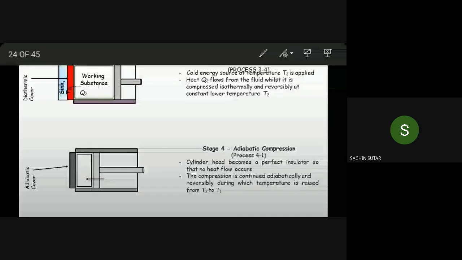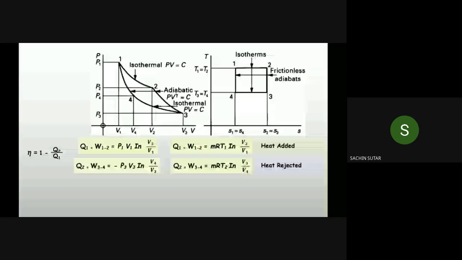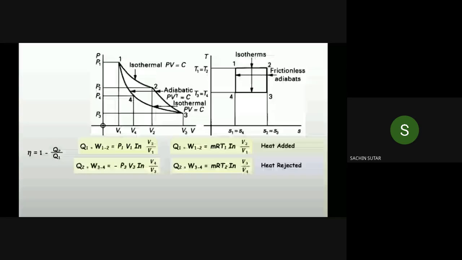Okay, now we'll go for the PV diagram and TS diagram of this cycle, the Carnot cycle. So 1 to 2 is isothermal expansion, during which heat is added isothermally.